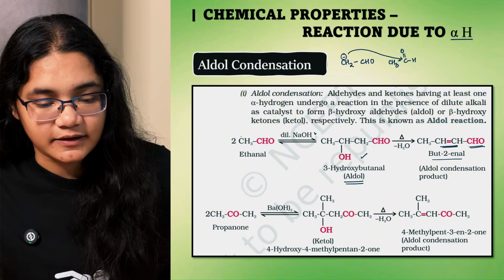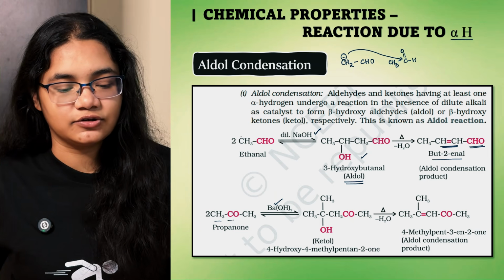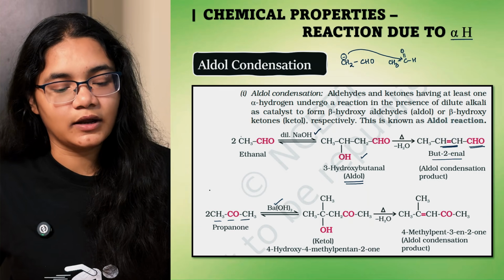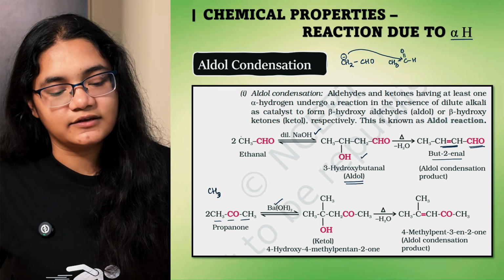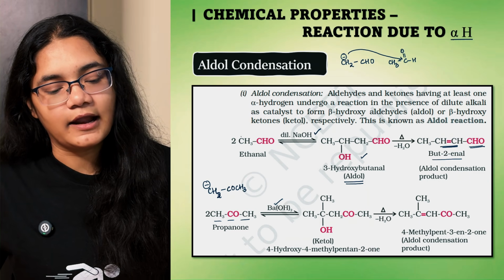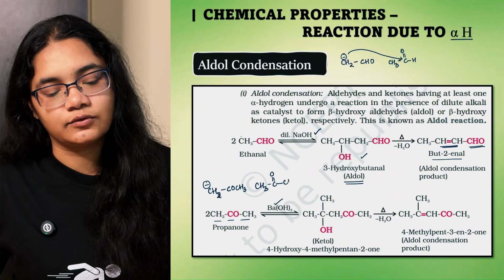This can take place with dilute NaOH or barium hydroxide. Here CH3COCH3 reacts: first a nucleophile is formed, CH2 minus COCH3, and there is another molecule, CH3COCH3, since two molecules are always taken.